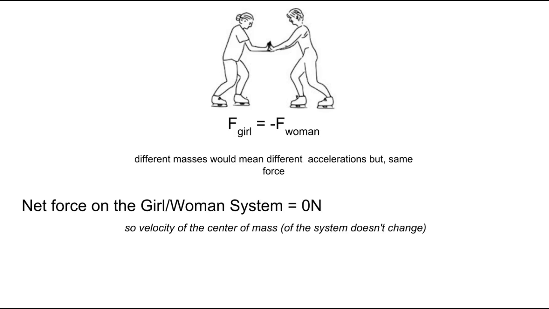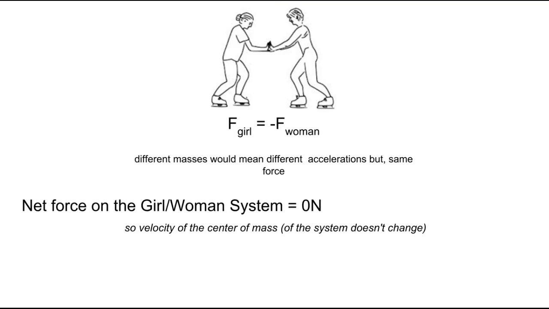Because in this system they are not moving at this point in the picture, their center of mass is right in the middle. Right there is their center of mass. The net force on this system is zero, as you can see down here at the bottom. It says the net force on the girl/woman system is zero. So therefore they're not moving, or they're moving at a constant velocity, no acceleration, no net force.